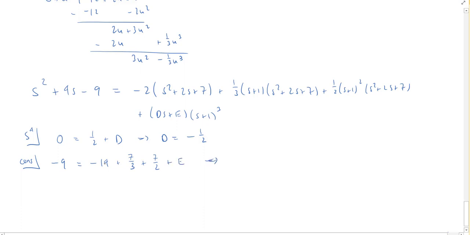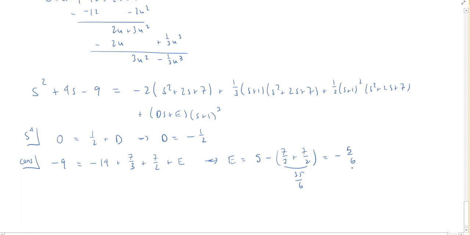I'll put 14 on the other side, which gives me 5, and then subtract these. So e is going to be 5 minus 7/3 plus 7/2. That's going to be 21 plus 14, which is 35/6. And so 5 minus 35/6 is negative 5/6.